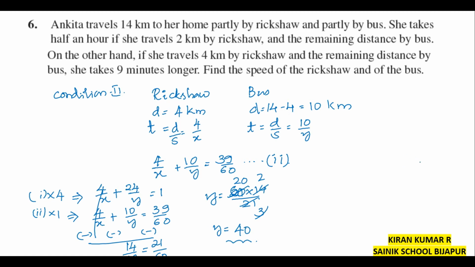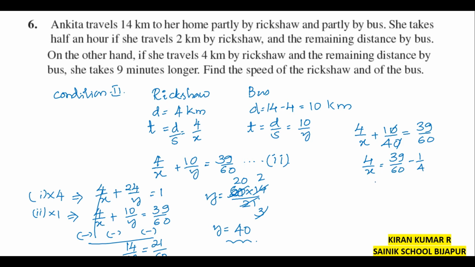Now let us find the value of x. For that I would like to consider the second equation, 4 by x plus 10 by, instead of y I take 40, equal to 39 upon 60. This 0 gets cancelled. We will get 4 by x equal to 39 upon 60 minus 1 by 4.